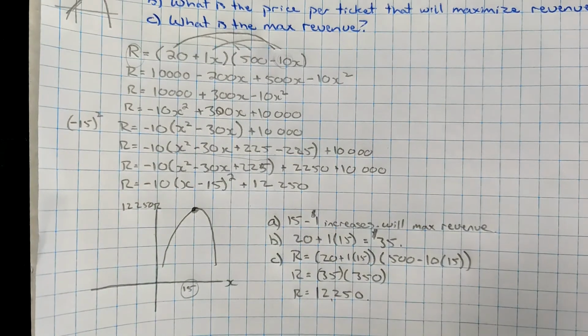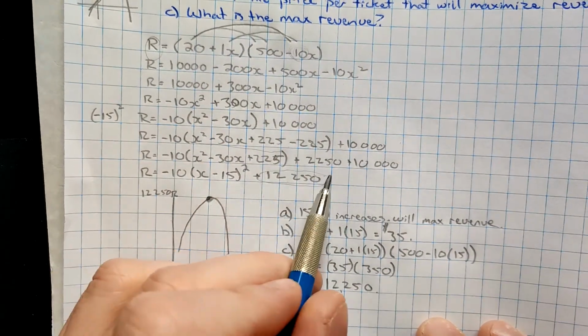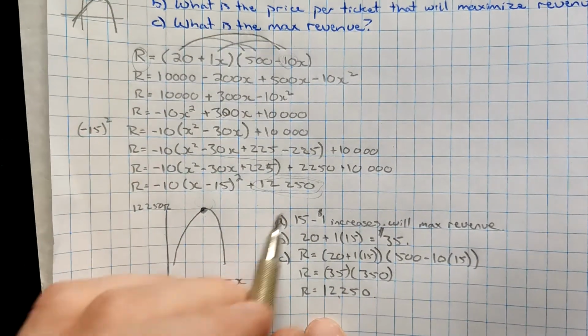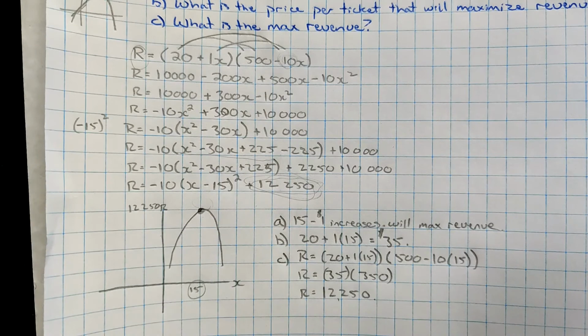Now, notice that is the y value of the vertex, because that is the maximum value. So you could just say that's the maximum revenue, because that's what the vertex represents in this situation.